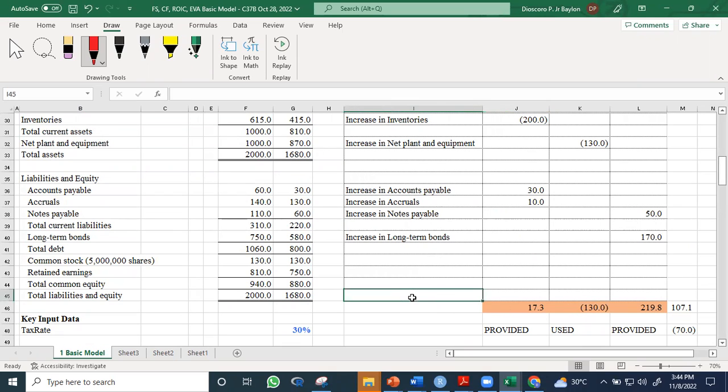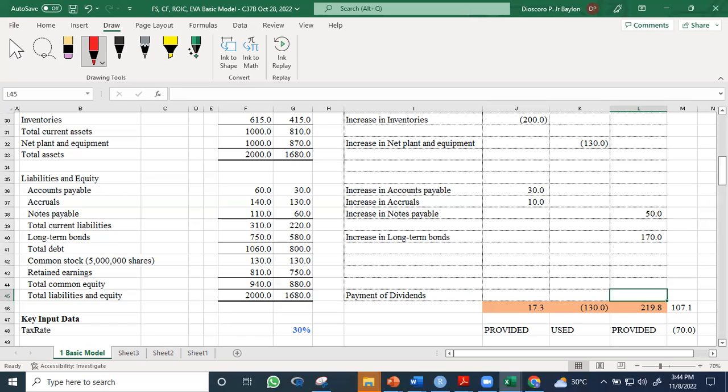So ilagay na lang natin dito sa dulo, no? Let's put here payment of dividends. And this will fall under financing. Is it a source of cash or a use of cash?